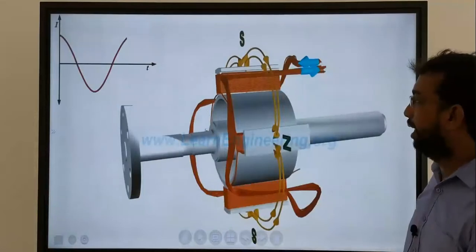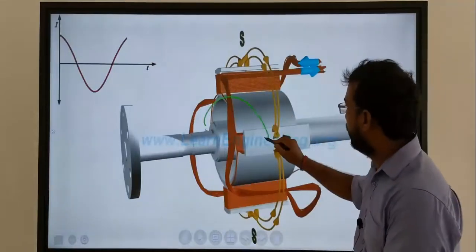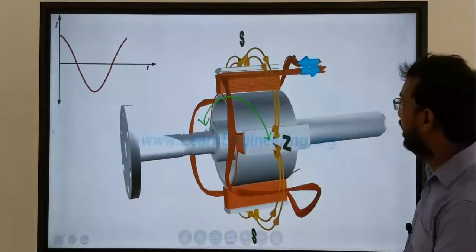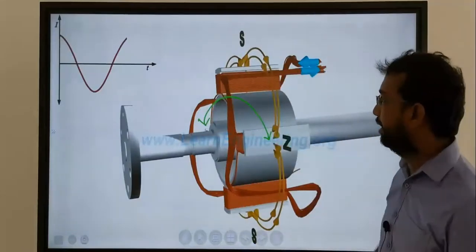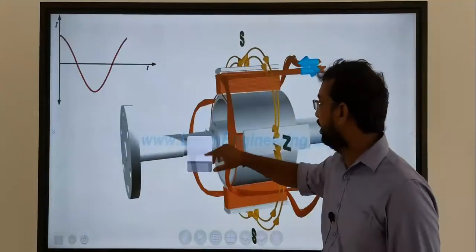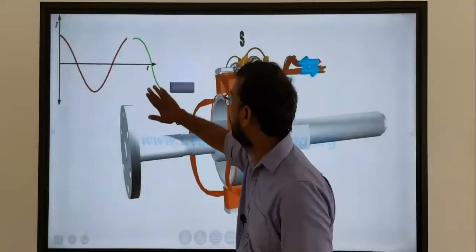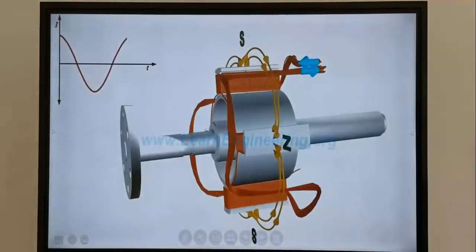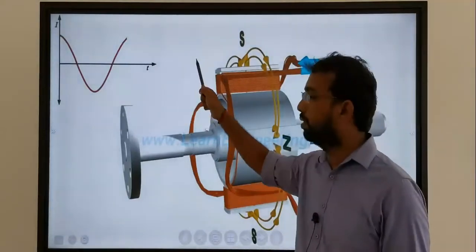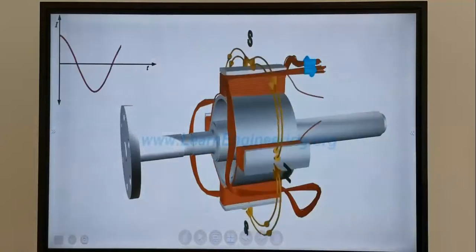How is one cycle obtained? When the rotor makes a half rotation, one cycle of this AC current is obtained. In a full rotation it completes two cycles like this. So the frequency means cycles per second. We calculate the frequency per second.